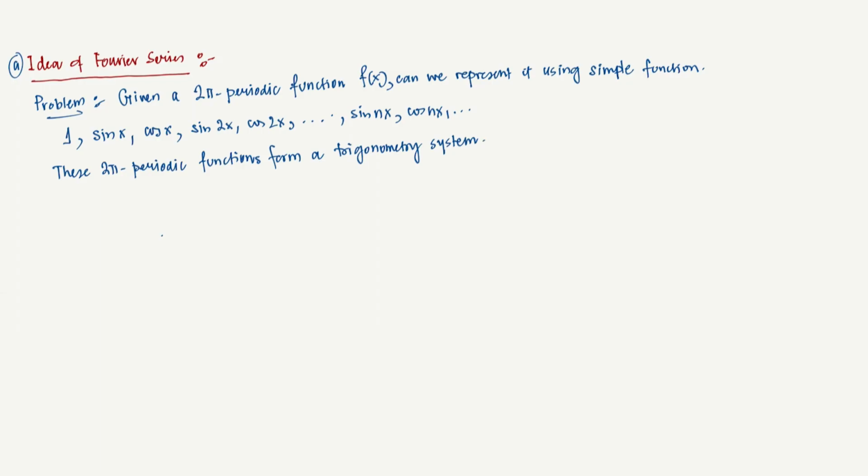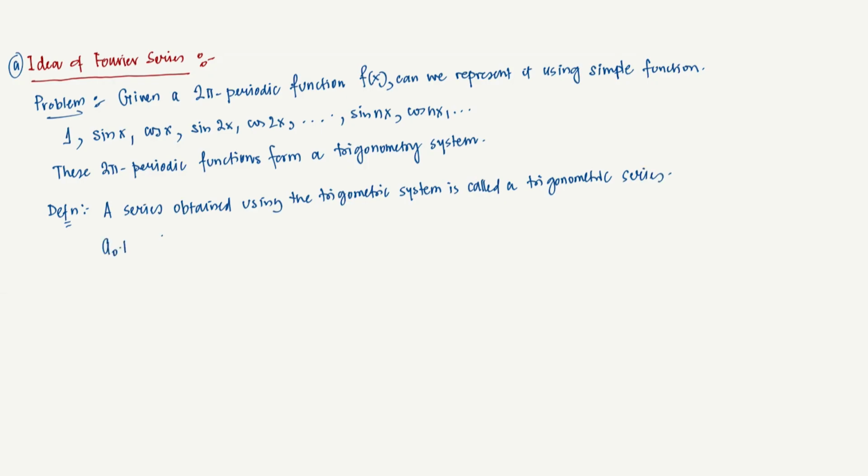What do I mean by this? Let me put a small definition here. A series obtained using the trigonometric system is called a trigonometric series. And what essentially is this?